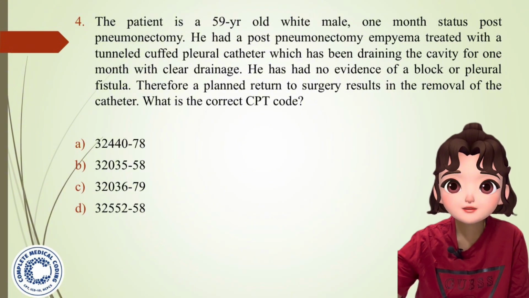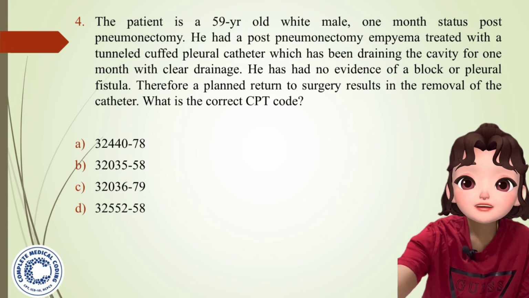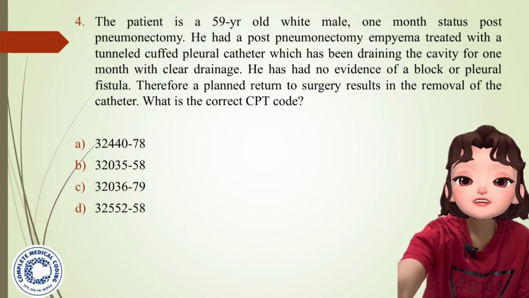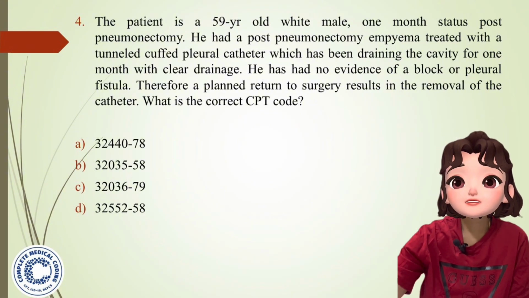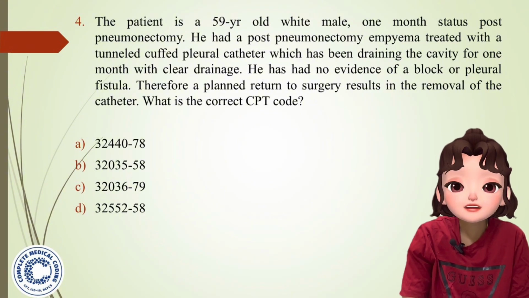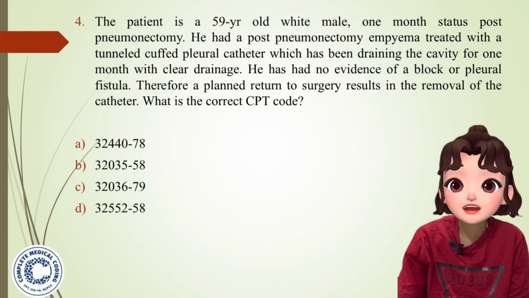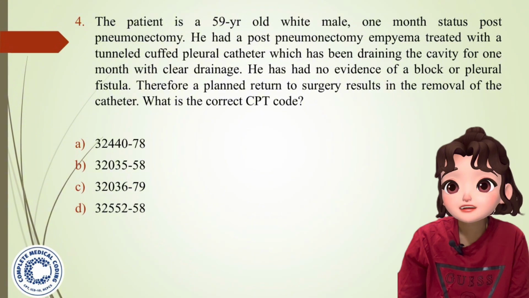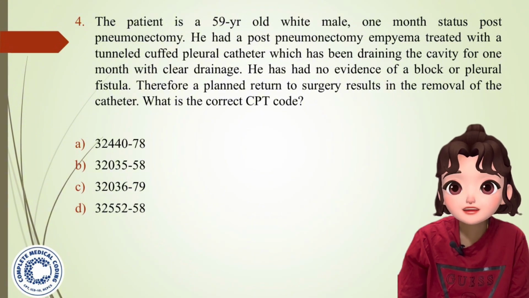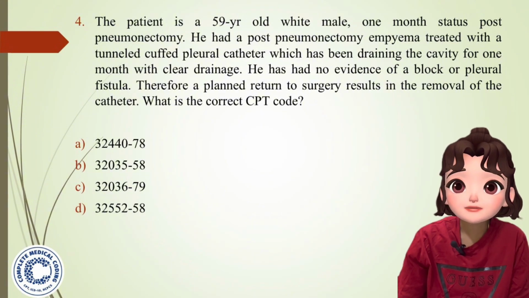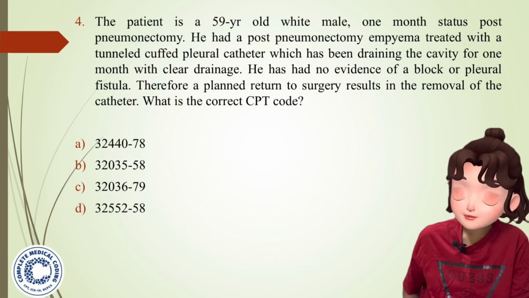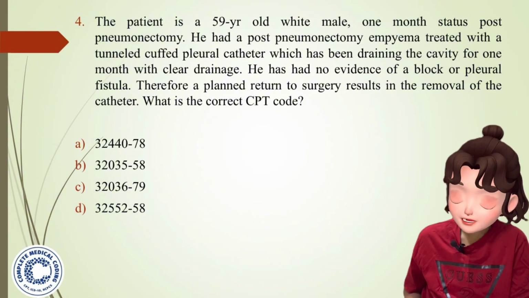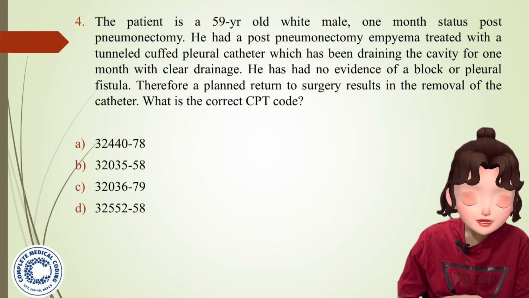The patient had pneumonectomy 1 month ago, and had post pneumonectomy empyema, already treated with a tunneled cuffed pleural catheter, which has been draining the cavity for 1 month with clear drainage. So planned return to surgery for the removal of catheter, that's the procedure we are going to mark. We are going to find out the code. So first one, 32440.